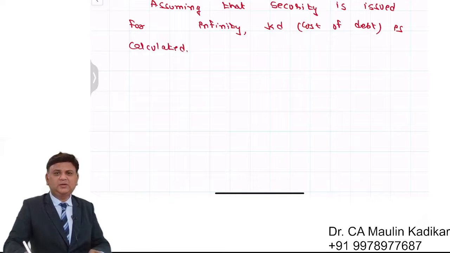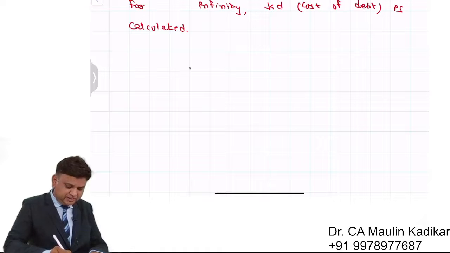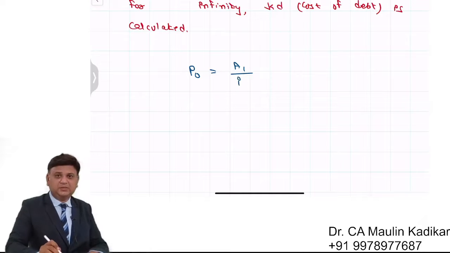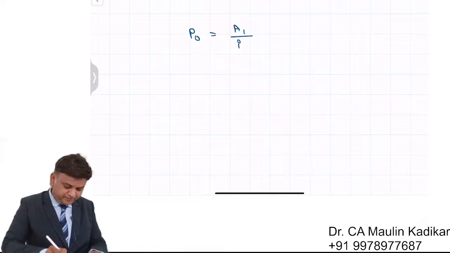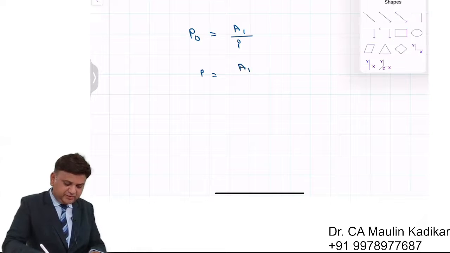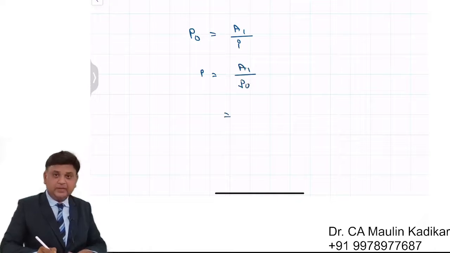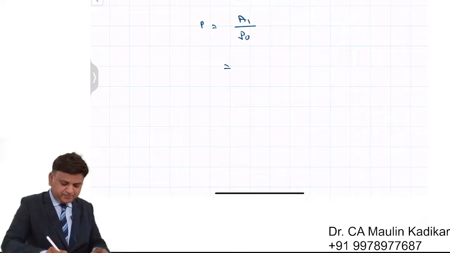Dear students, for perpetual security, we know that there is a formula like this: P0 is equal to A1 divided by I. This is the formula for perpetuity. If for perpetuity the amount is going to remain the same, we can say that I is equal to A1 upon P0. The term I will be replaced with, like we understand, cost.